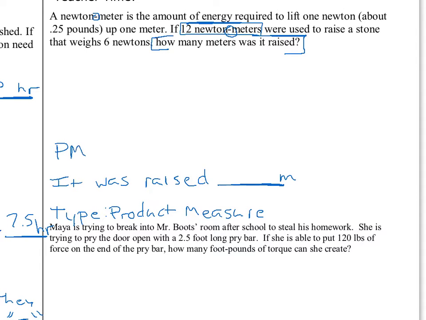So the product measure given to me is 12 Newton meters. And linked to that 12 Newton meters is the situation that something is weighing 6 newtons. That looks to me like enough information to answer this question, which would suggest that the rest of this is all just a distractor. We'll test that in a second.